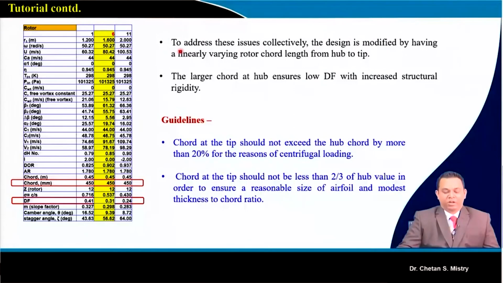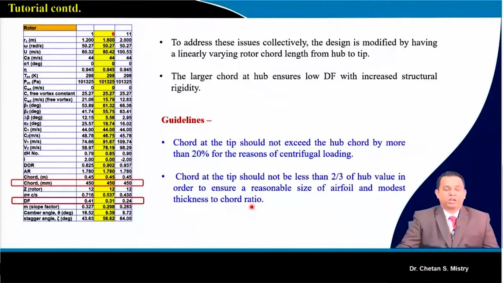Especially for fans, they say the chord of the tip should not exceed the hub chord by more than 20% because of centrifugal loading action. Second, the chord of the tip should not be less than 2/3 of the hub value, in order to have a reasonable size of the aerofoil as well as thickness to chord ratio variation for that aerofoil.